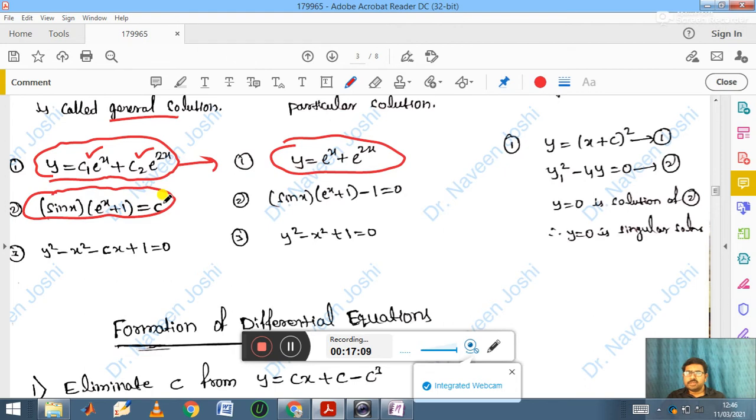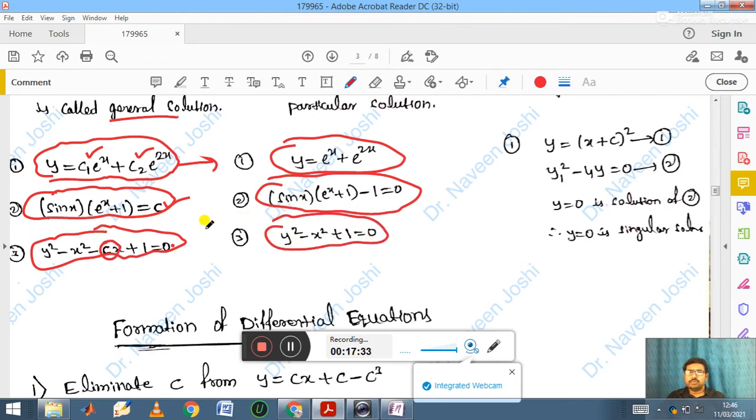It consists of one arbitrary constant c. If you replace the c value, it leads to the particular solution, sin x e power x plus 1 minus 1 equals 0. Similarly, the last example, y square minus x square minus cx plus 1 equals 0. If you substitute the c value, it acts as a particular solution. So these two are interrelated.